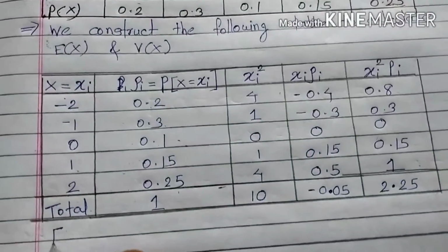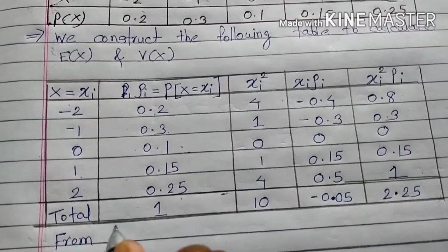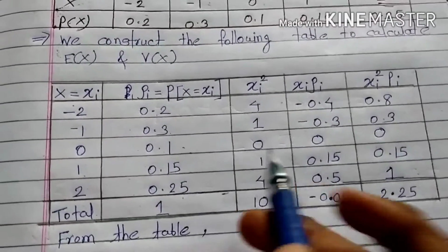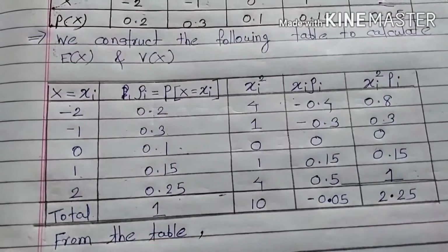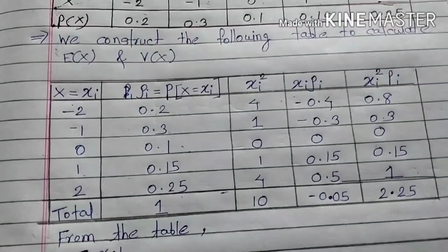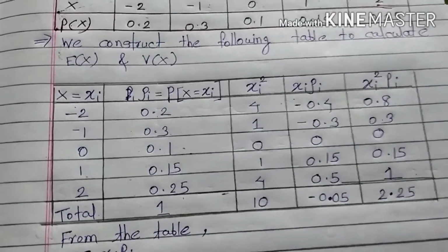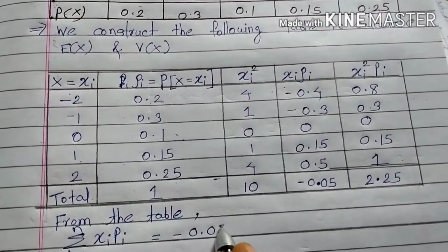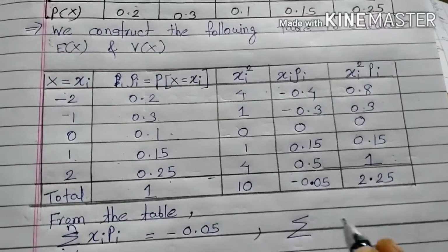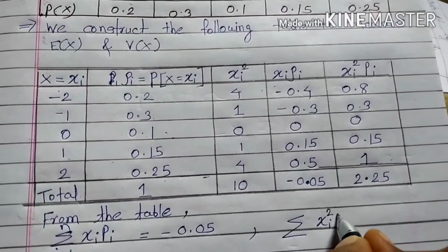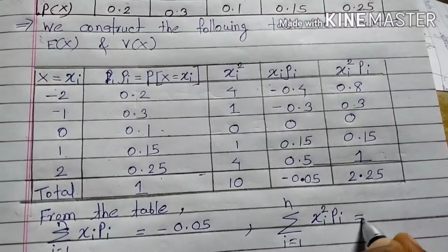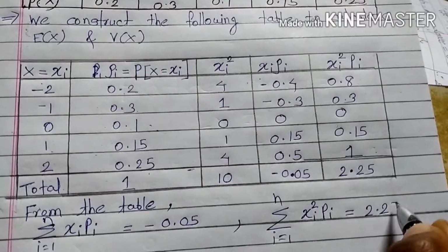So from the table, summation of xi pi, where i runs from 1 to n, is equal to minus 0.05, and summation of xi square pi, where i runs from 1 to n, is equal to 2.25.